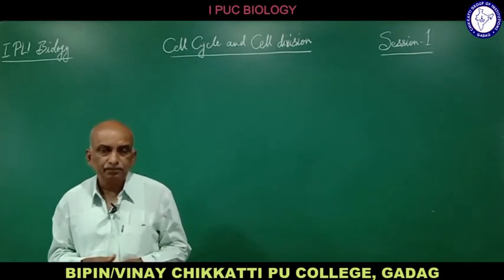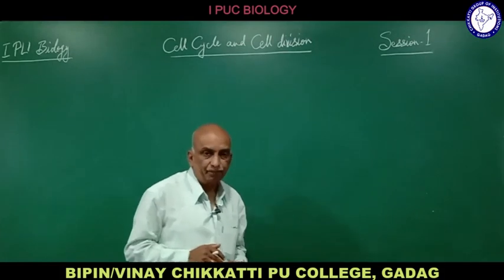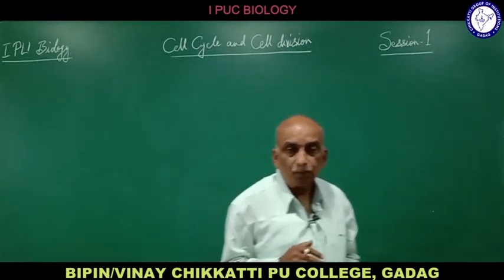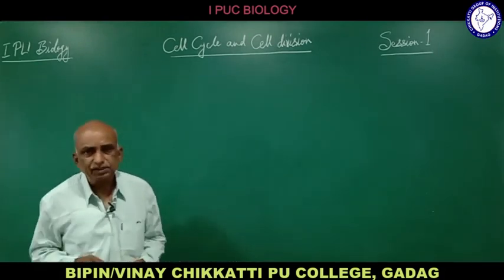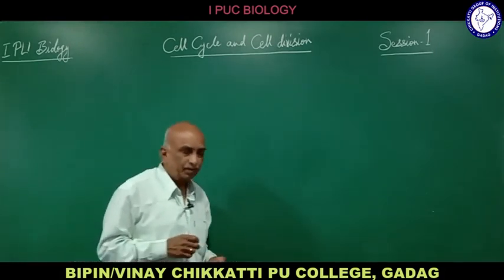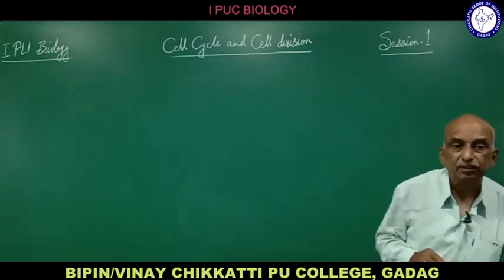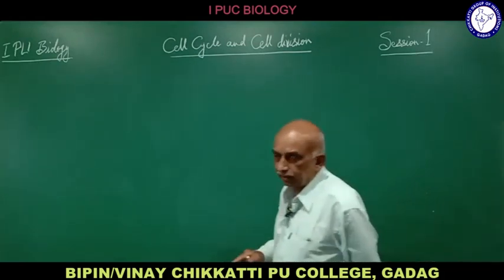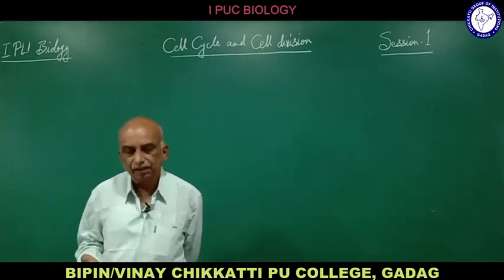So already I have mentioned that the organelles present in the cell perform their own function, and there is a kind of coordination between the organelles, and thus it maintains a kind of stability in the functioning of the cell.